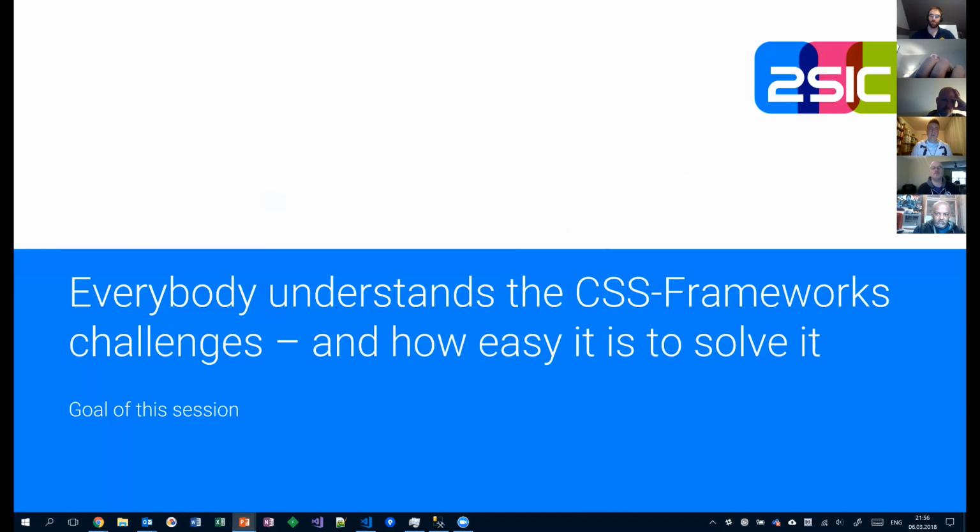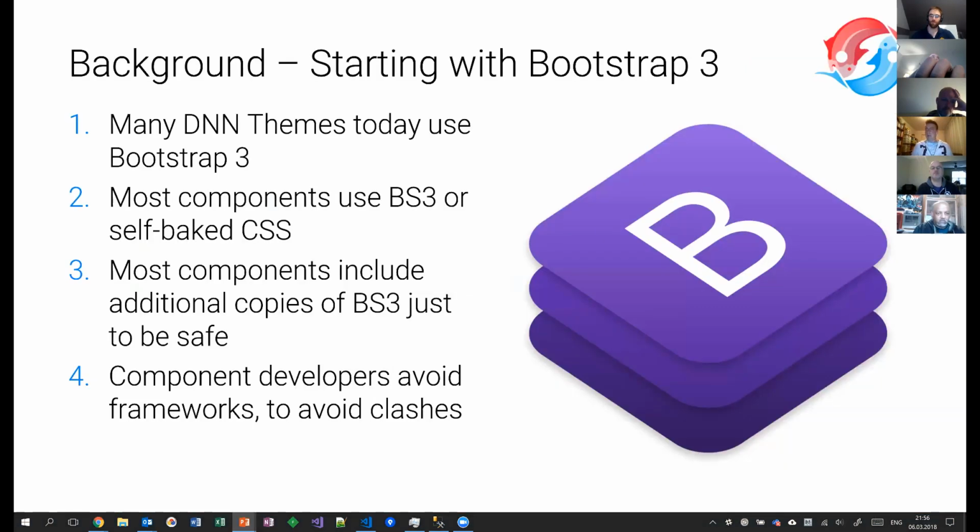Background is, I hope most of you have made websites using DNN, and a lot of people today use Bootstrap 3. Most components, and with components I'm talking about modules, also use Bootstrap 3, or they use their own CSS. That's the status quo.